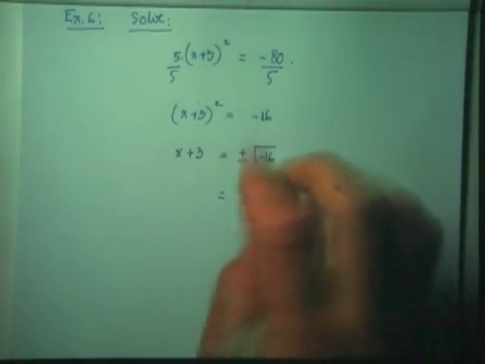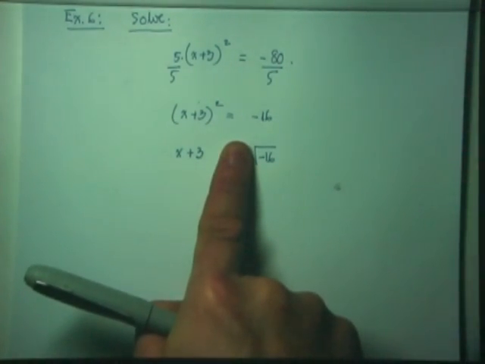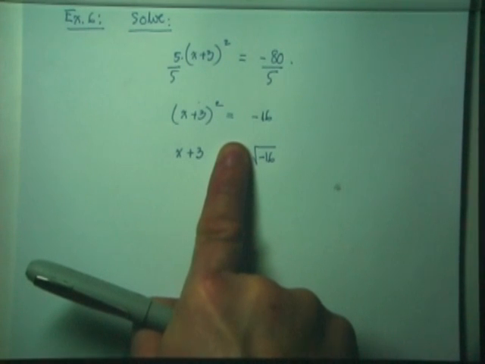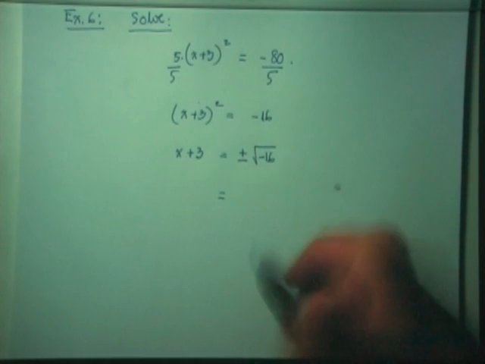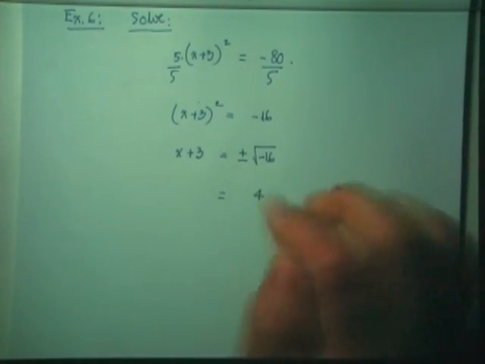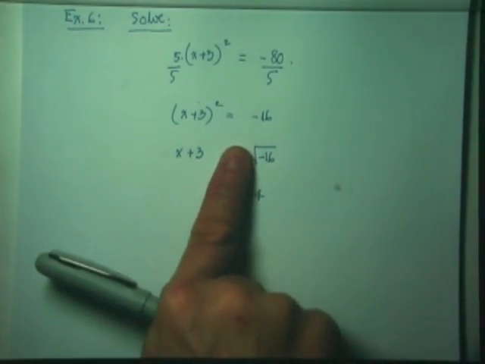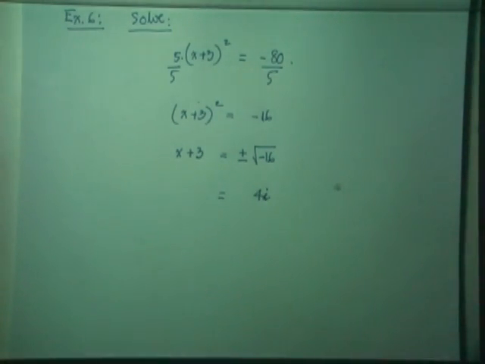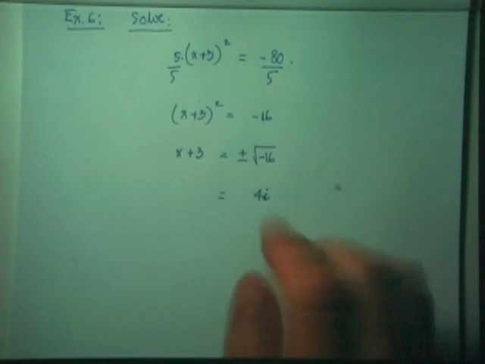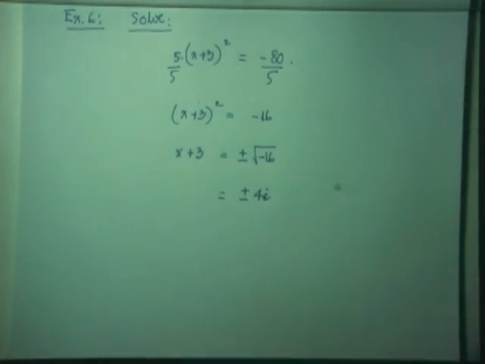So now, square root of negative 16, just think about what is the square root of 16. The square root of 16 itself is 4, but the square root of negative 16 is going to be the same as 4 with the i, so it's 4i. So the square root of negative 16 is 4i, and you have a plus and minus. Okay?